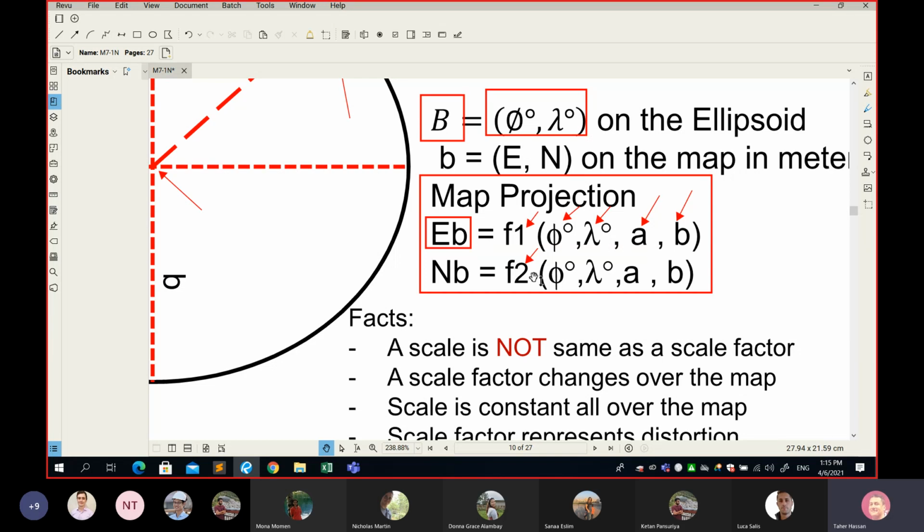Really, a nutshell is map projection. You input to the function the location of the point on the ellipsoid in terms of lat, long, and from the other side, it outputs for you the planar coordinates on my map in meters.